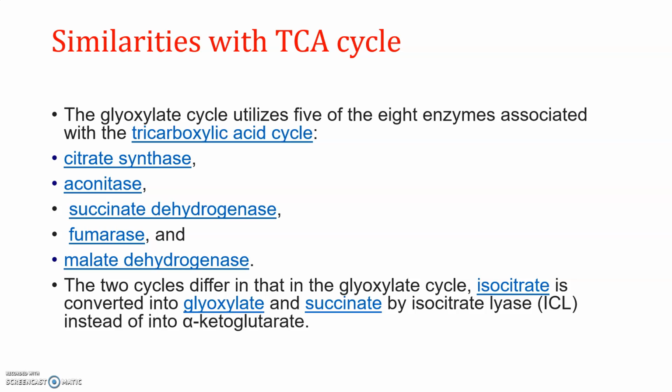The two cycles differ in that in the glyoxylate cycle, isocitrate is converted into glyoxylate and succinate by the enzyme isocitrate lyase instead of into alpha ketoglutarate.